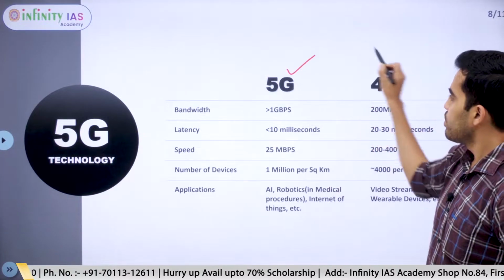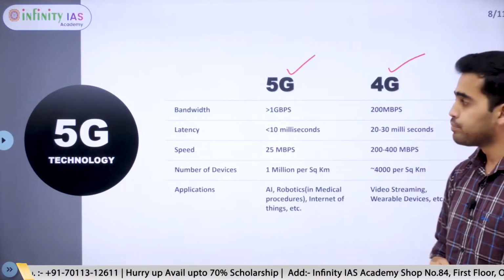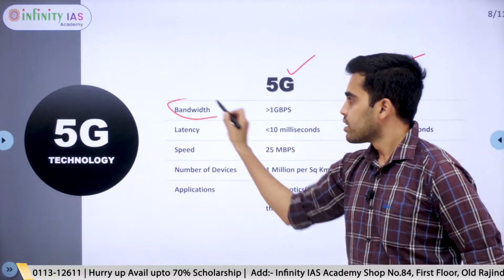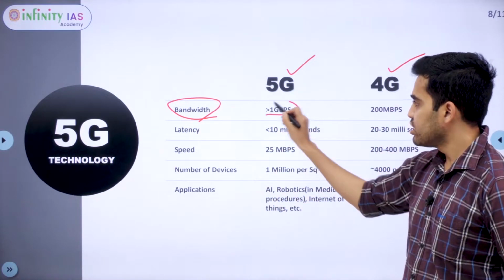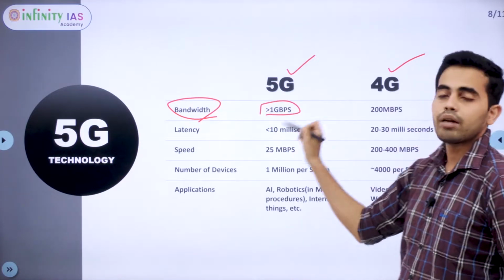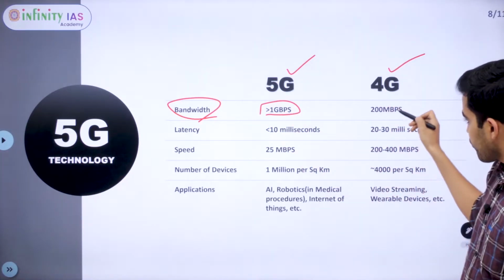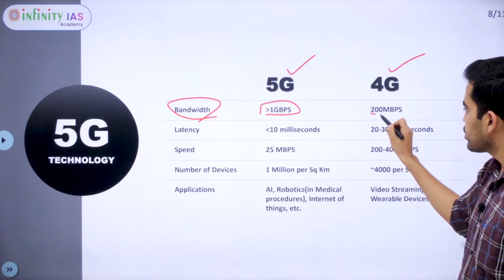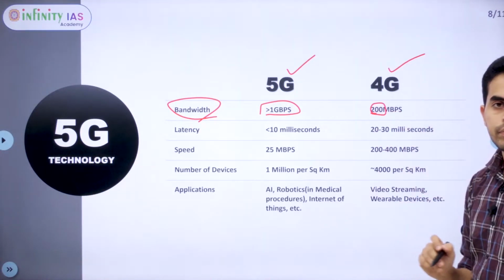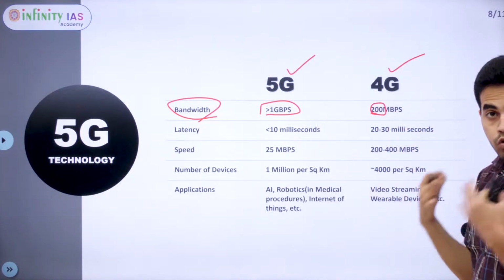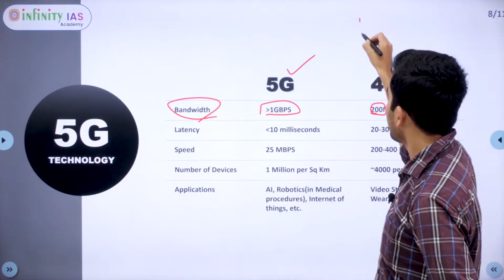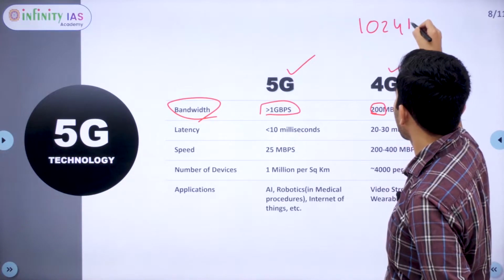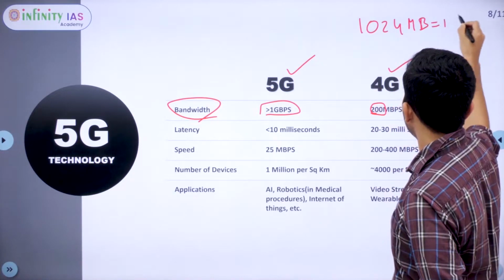This is important for the examination point of view. What are the differences between 5G and 4G? The bandwidth of 5G is greater than 1 Gbps. Whereas when we see 4G, it's just 200 Mbps. If we want to understand how fast actually 5G is, we see 1024 MB is equal to 1 GB.